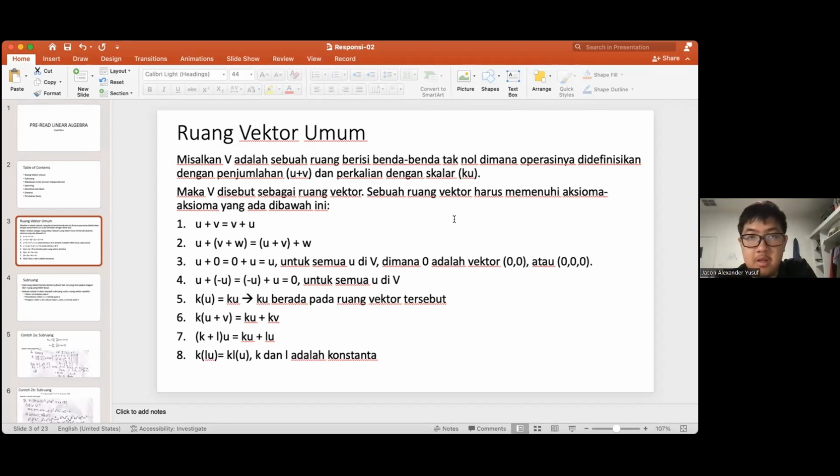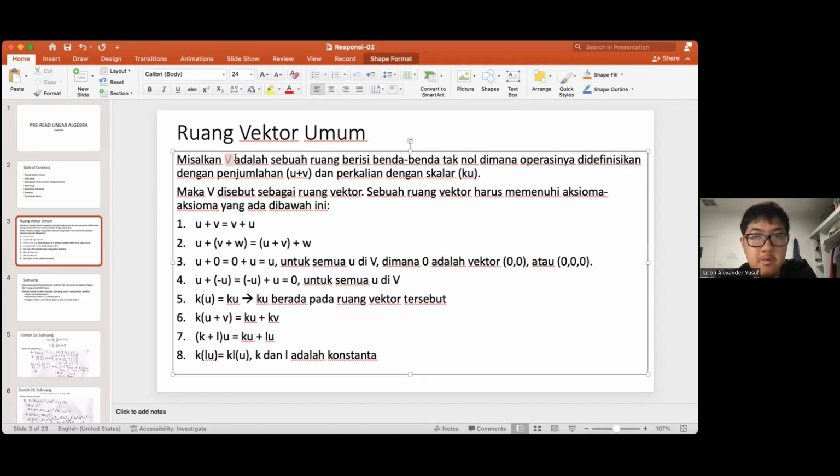So basically, let's say we have a general vector space V, and inside V we have non-zero objects. To make it general, we'll call it objects because it can apply to vectors, polynomials, and matrices.